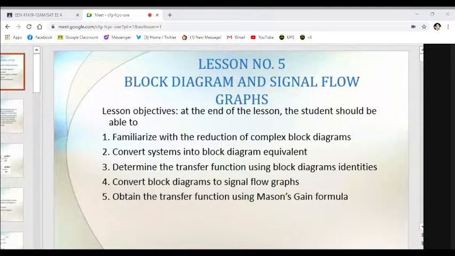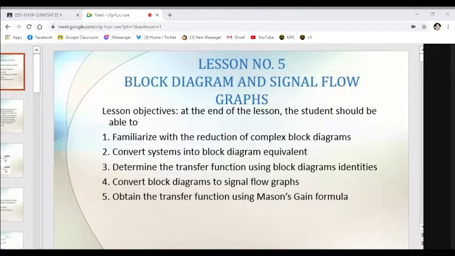Okay, so for lesson number 5, we have our last lesson. We have the block diagram and signal flow graphs. Now, block diagram and signal flow graphs are synonymous. We can only simplify the block diagram using the signal flow graphs, but you have the same procedure. For this lesson, we have to familiarize with the reduction of complex block diagrams and convert systems into equivalent block diagrams.